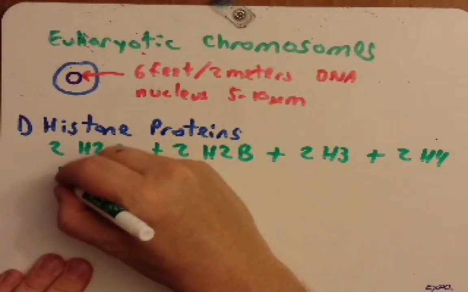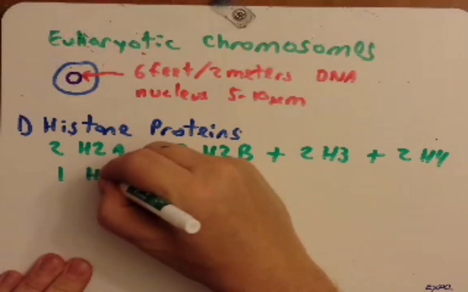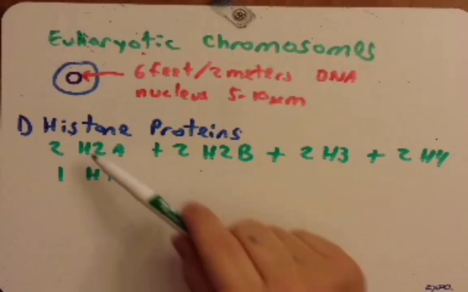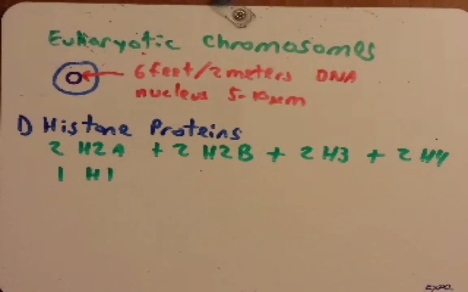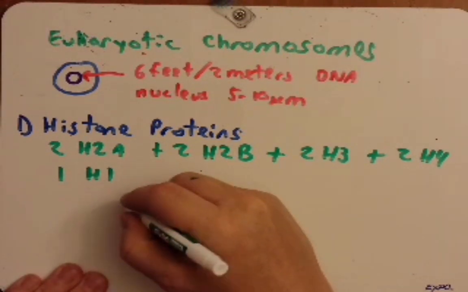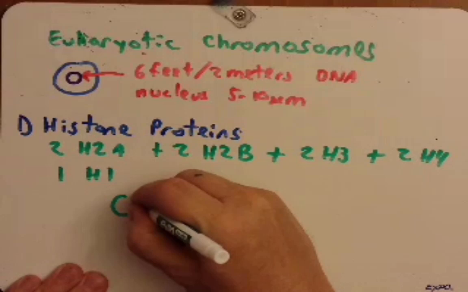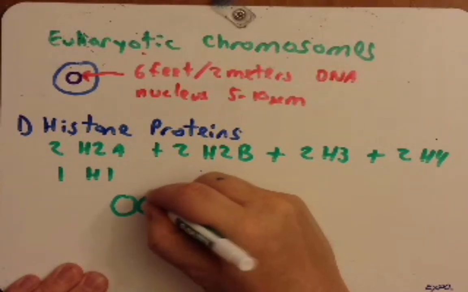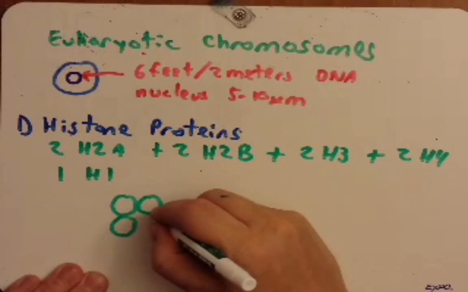Then we also have 1 H1 protein. This first group, these 8 proteins, make up what we call the histone octamer. I'm not going to be able to draw this three-dimensionally, at least not very well, so I'm only going to draw 4 of them. But there are 4 on the other side as well.